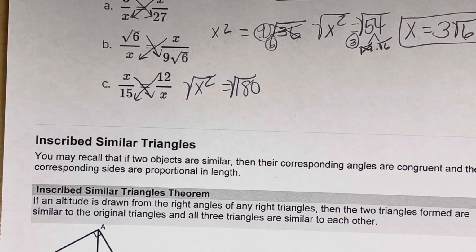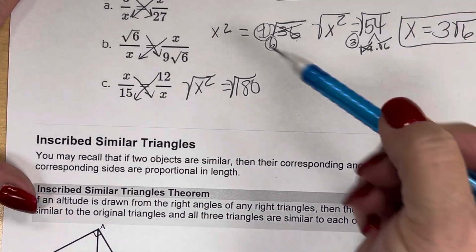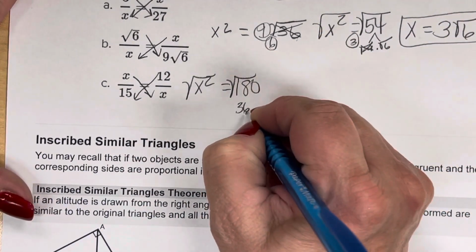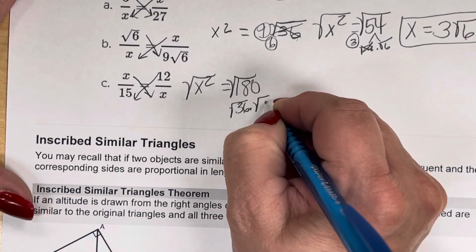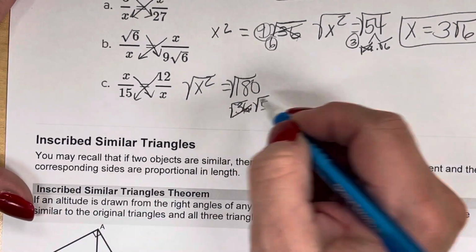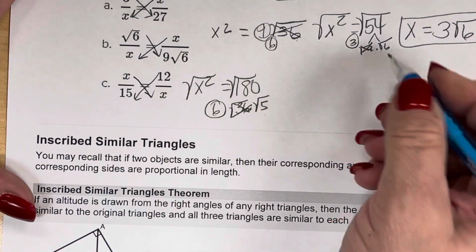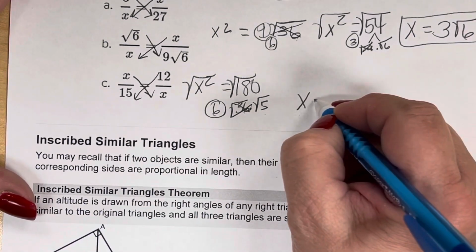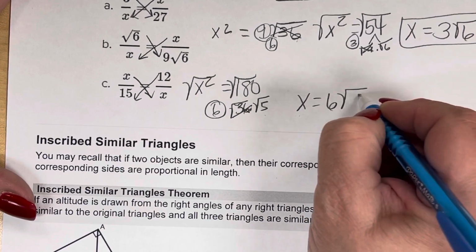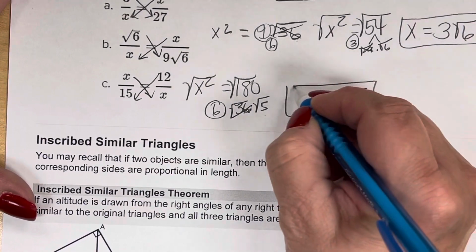And let's see, when I do that, I see 36, square root 36 times square root 5. Square root 36 comes out as 6, and I'm left with square root 5. So x equals 6 square root 5.